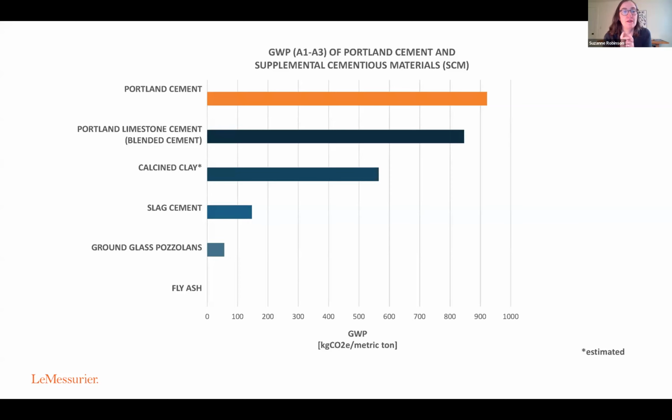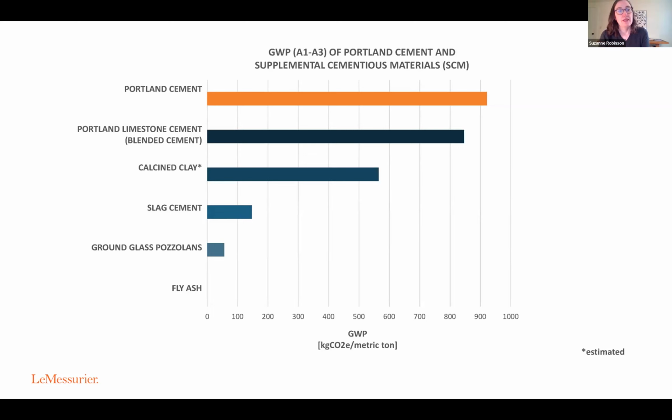We also have fly ash and slag that are already in the marketplace that we're using in our concrete mixes. Keep in mind that slag is a byproduct of the steel industry and fly ash is a byproduct of the coal industry. So it's a finite amount of materials. And as we close down the coal plants, we're actually reducing the amount of fly ash that will be available in the marketplace. But we're seeing a lot of research and innovation around this.